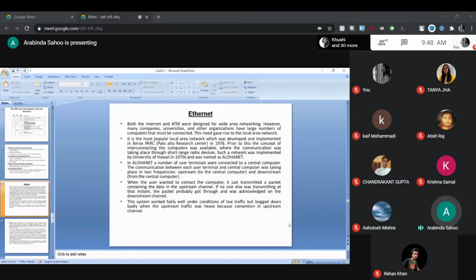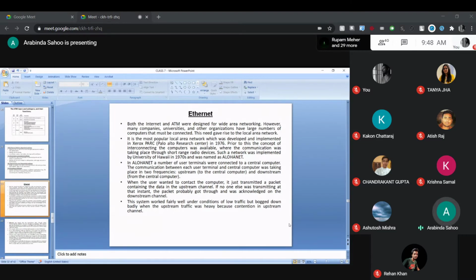So what are the basic principles, or what is the functionality, associated with Aloha net? In Aloha net, a number of user terminals were connected to a central computer.